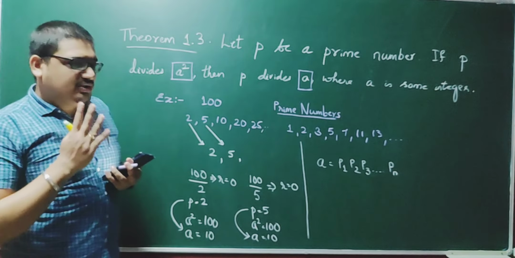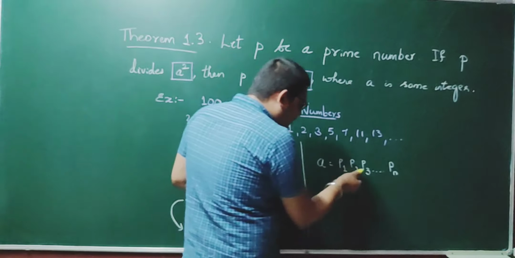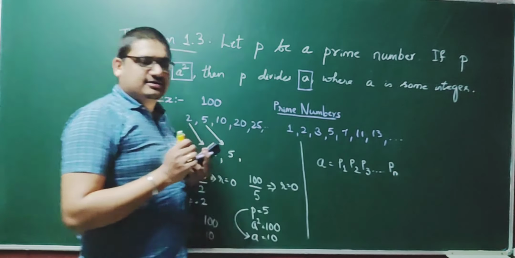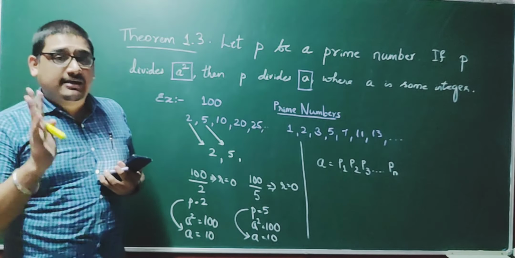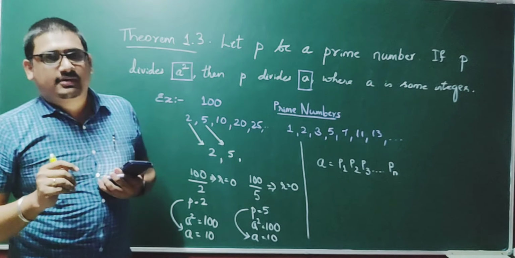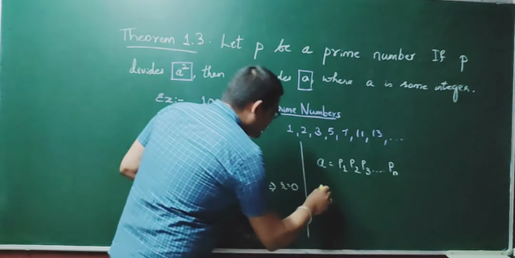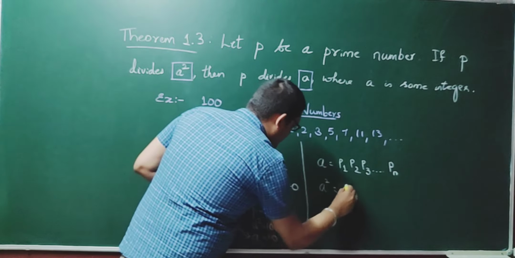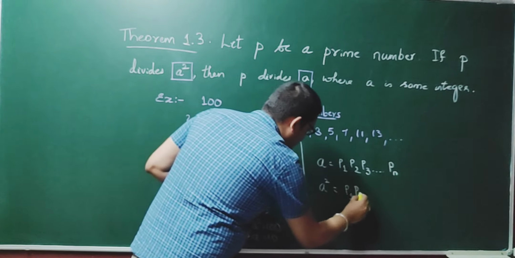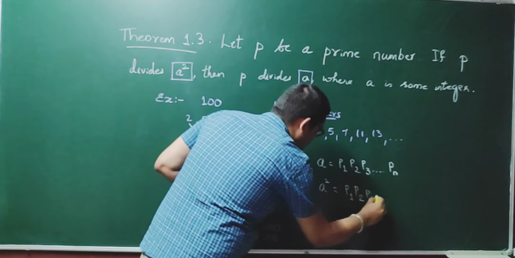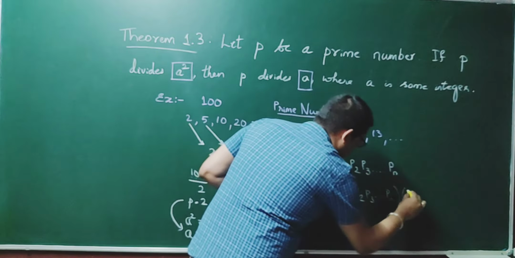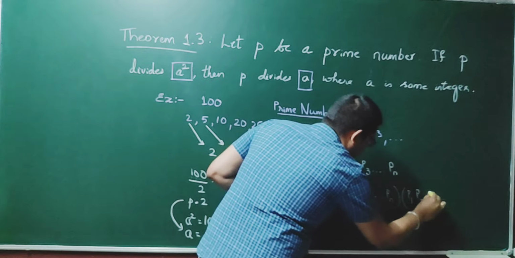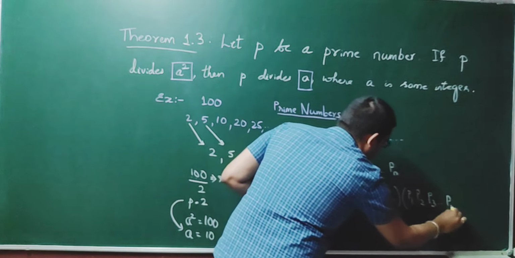That means any composite number can be expressed as a product of its prime factors, where p1, p2, p3 and so on till pn are prime numbers. So if this is a, then what is my a square? Obviously I should just repeat the numbers, correct? p1, p2, p3 and so on till pn, multiplied by itself: p1, p2, p3 and so on till pn.